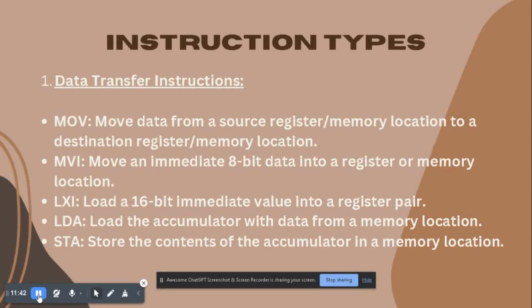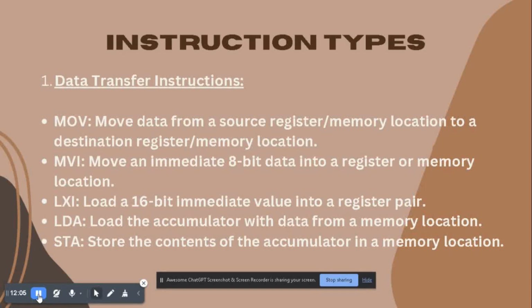This command is used to move an immediate 8-bit data into a register or memory location. In MVI command, we just give the data, not the address of the data. Then we have LXI. LXI is a command which is used to load a 16-bit immediate value into a register pair.